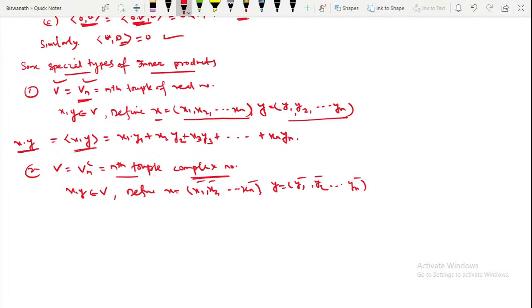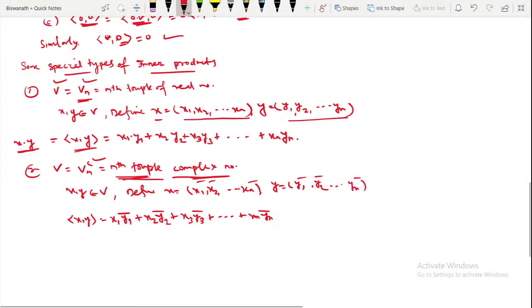Okay, since V is the nth tuple of complex numbers, what will be the inner product of x, y? Then their inner product is x1 y1 bar plus x2 y2 bar plus x3 y3 bar plus dot dot dot up to xn yn bar. Okay.